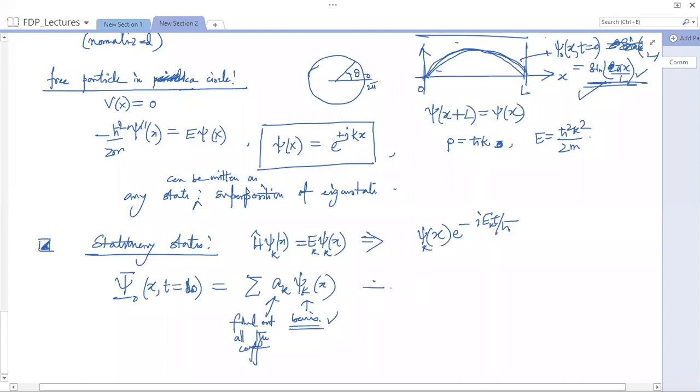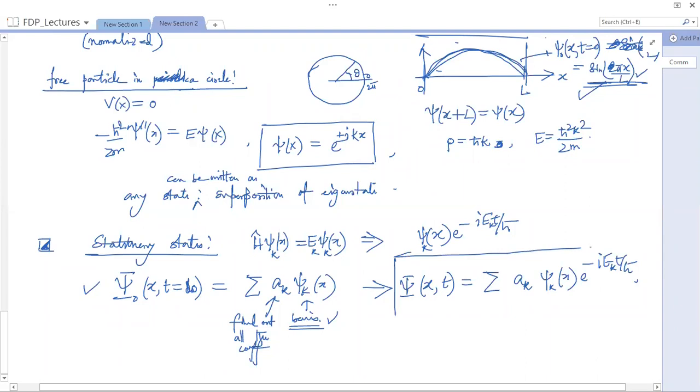Once I find that, my psi of x at t, given psi naught of x, will be given by these coefficients and how each psi_k of x varies, like e to the power minus i E_k t by h bar. And why does this solve the Schrodinger equation? Because of linearity.